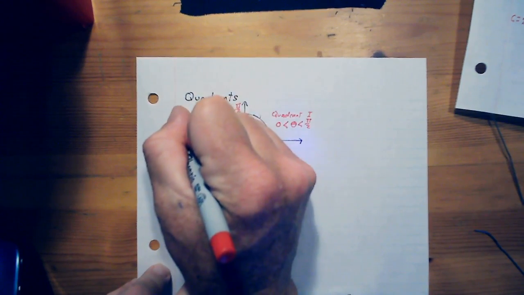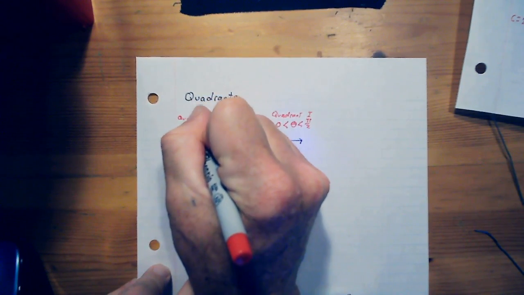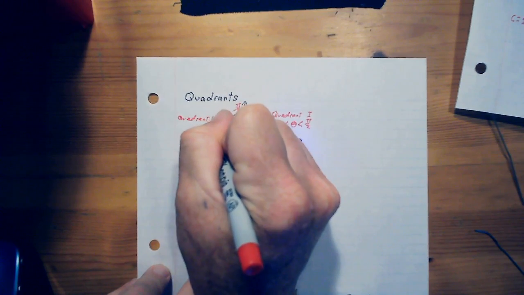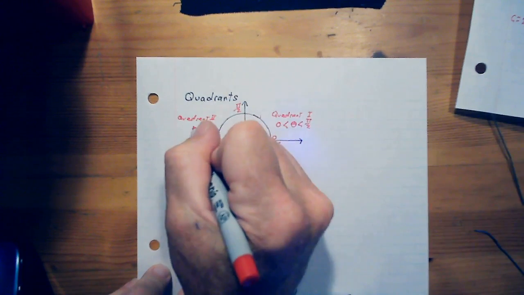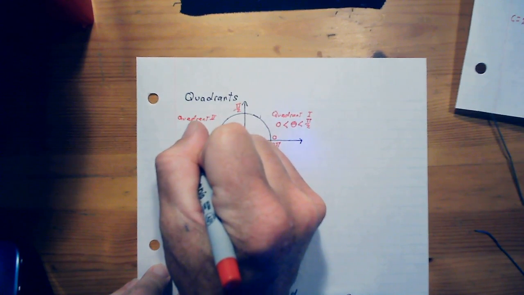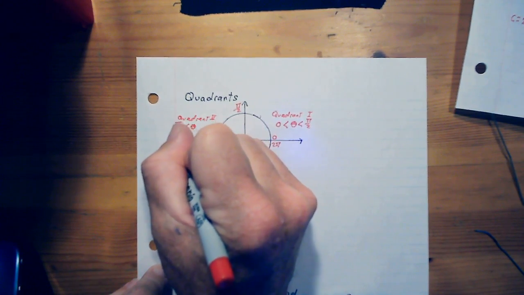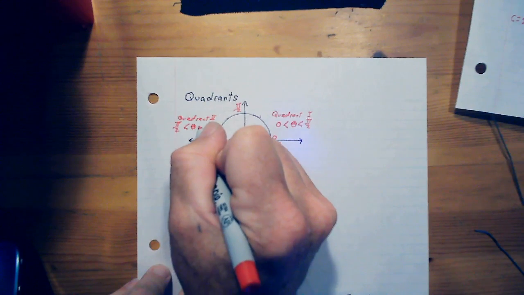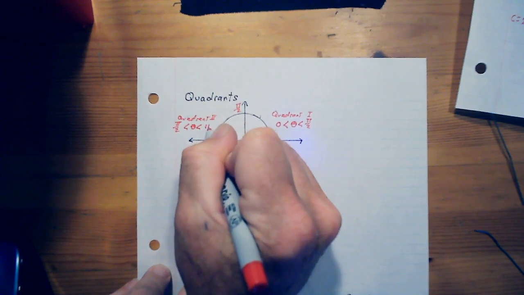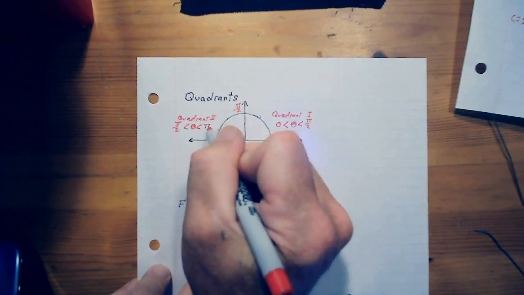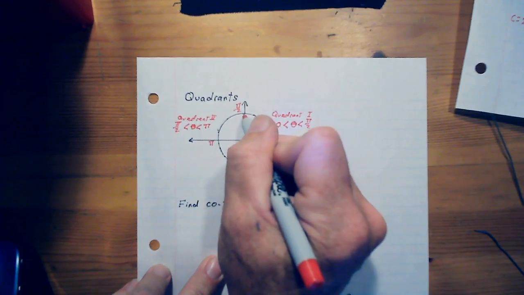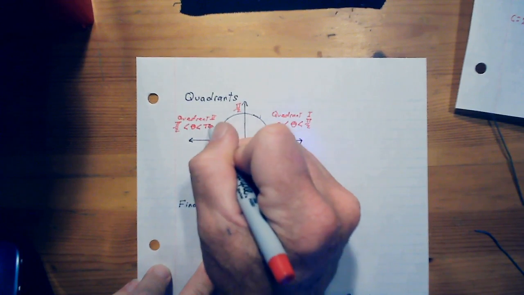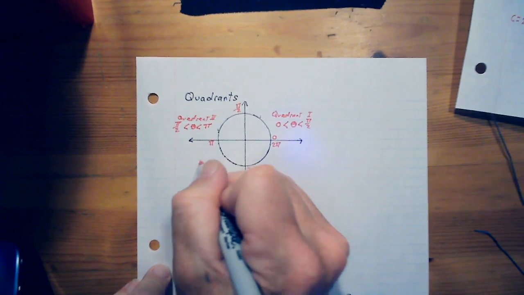Over here is quadrant 2. And all my angle thetas that lie in quadrant 2 are greater than pi over 2 radians and less than pi radians. So it'll be bigger than 90 degrees, less than 180 degrees, but I want to think in radians here.